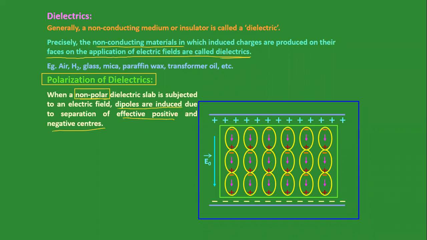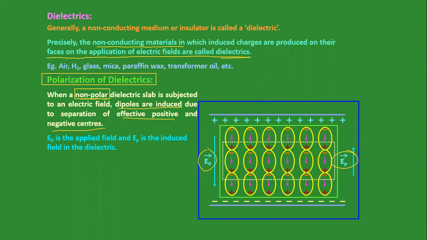And when we apply the electric field E0 to this dielectric slab, some dipoles are induced, and because of that some electric field is created, and it is EP. EP is the electric field due to this dielectric.